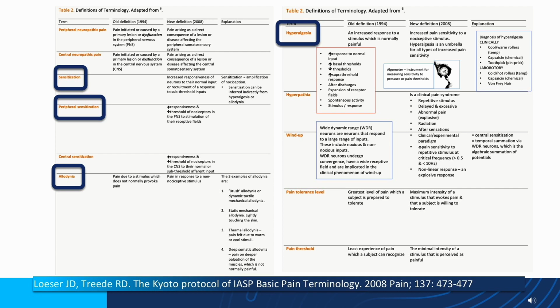One is it's an increased responsiveness to normal nociceptive input. So it's a heightened response, or it's recruitment of a response to sub-threshold input. And that means that something you shouldn't sense, you actually sense in a heightened way. I'll come back to that, but essentially sensitization is amplification of nociception, so everything gets amplified.